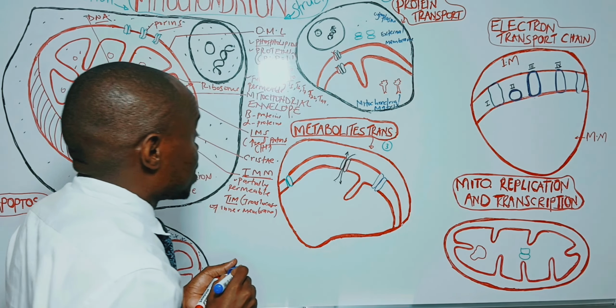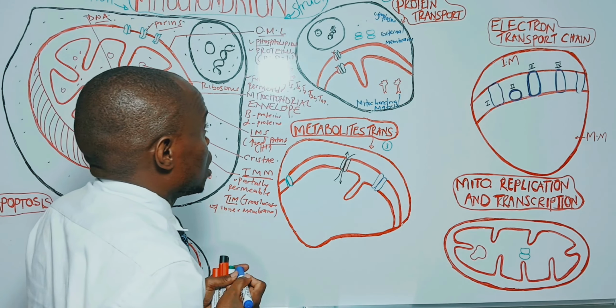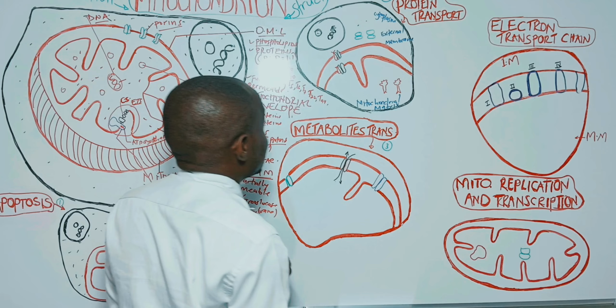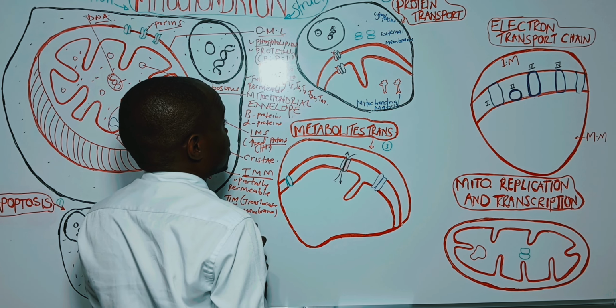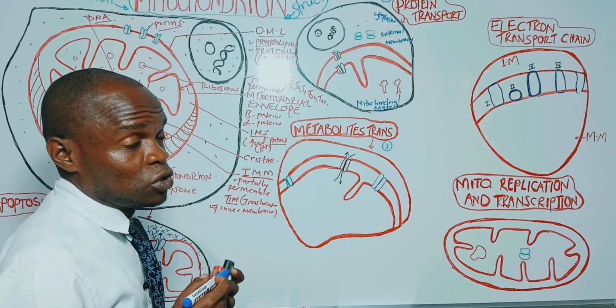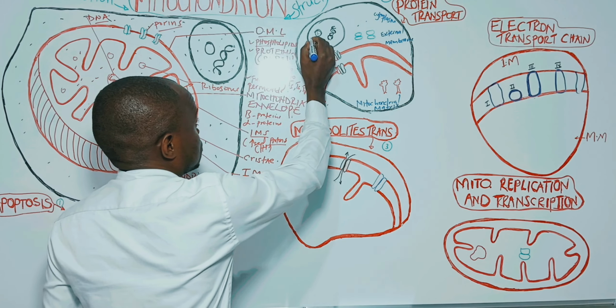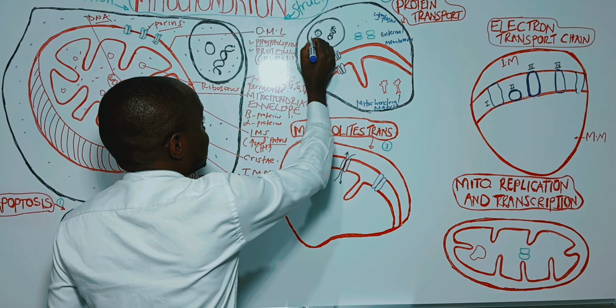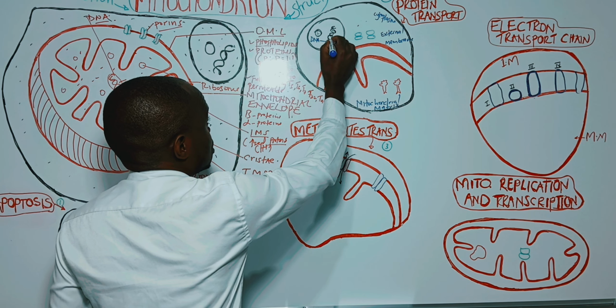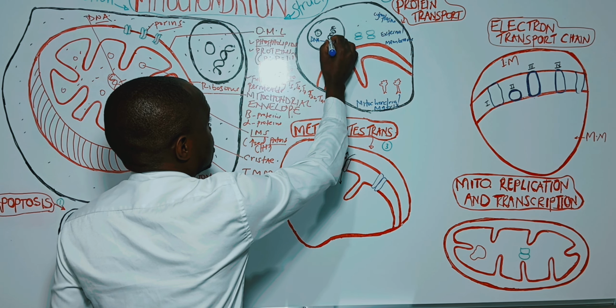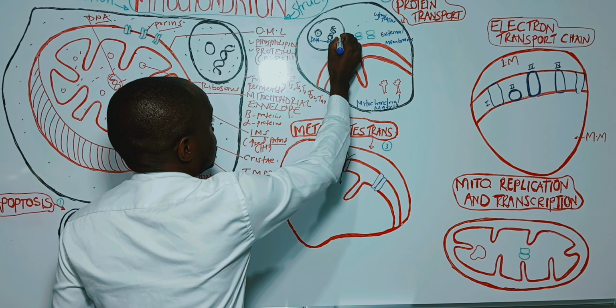We are aware that there's something that normally takes place in the nucleus here. Transcription takes place in the nucleus, whereby the DNA is converted into RNA, the messenger RNA.